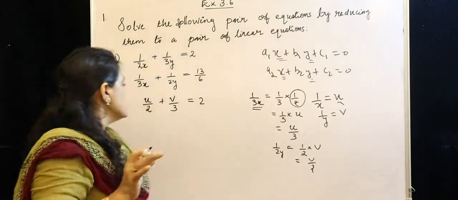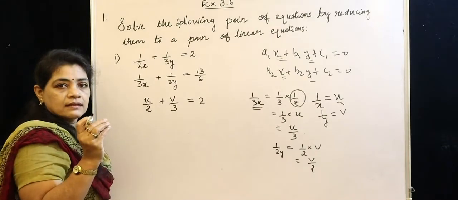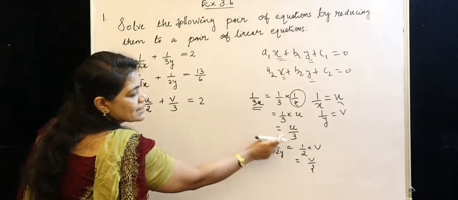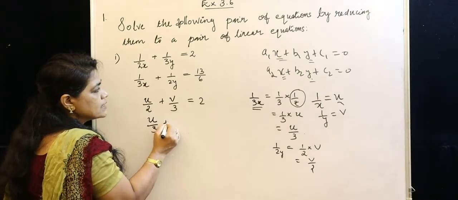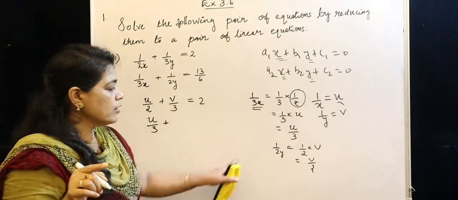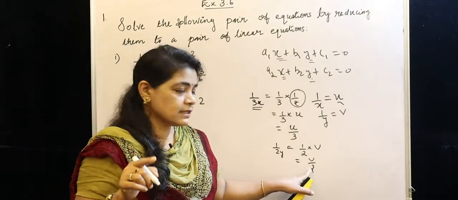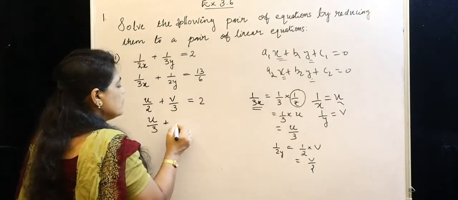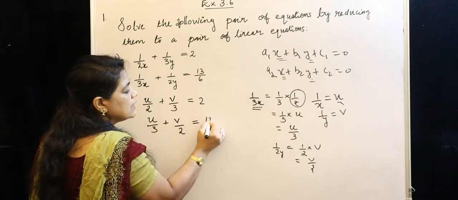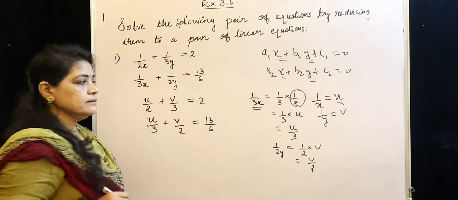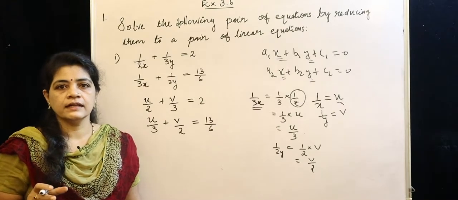That's all. So, 1 by 3x is replaced as u by 3 plus 1 by 2y. 1 by 2y we have seen, that is v by 2, equal to 13 by 6. This side is clear, children?